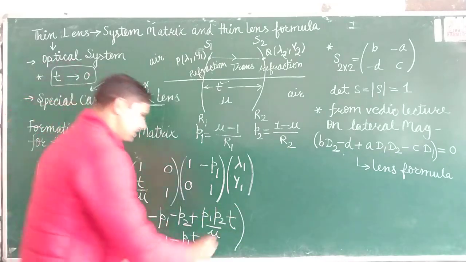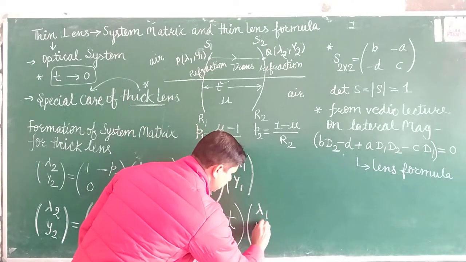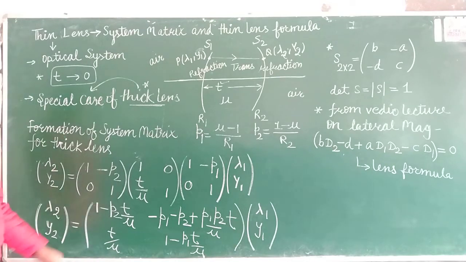So this is the system matrix for the thick lens, which will connect the optical coordinates of points P and Q on its refracting surfaces S1 and S2 respectively.